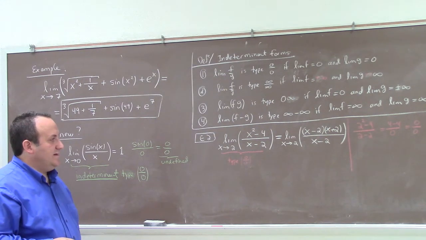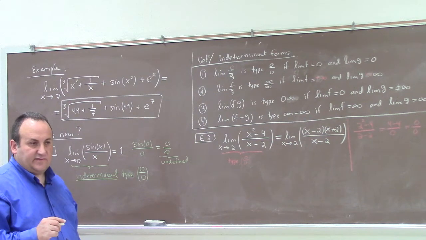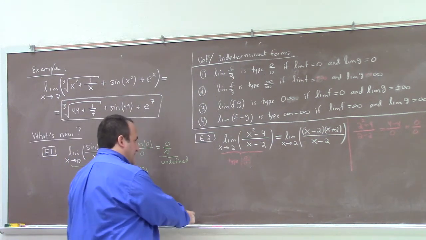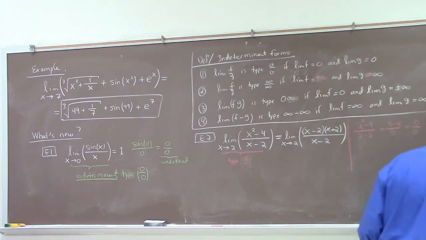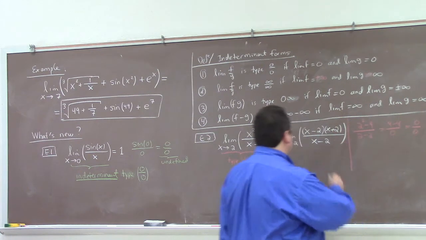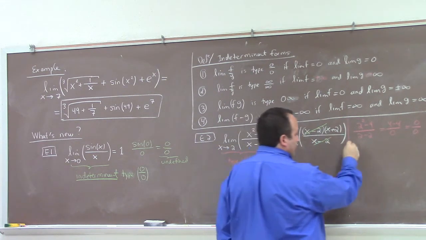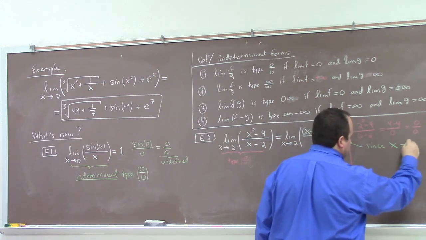Now, when can I cancel x minus 2 and x minus 2? What condition is needed for that cancellation to be legitimate? You don't always think about this in algebra, but in order to make this cancellation, I require that x is not equal to 2.